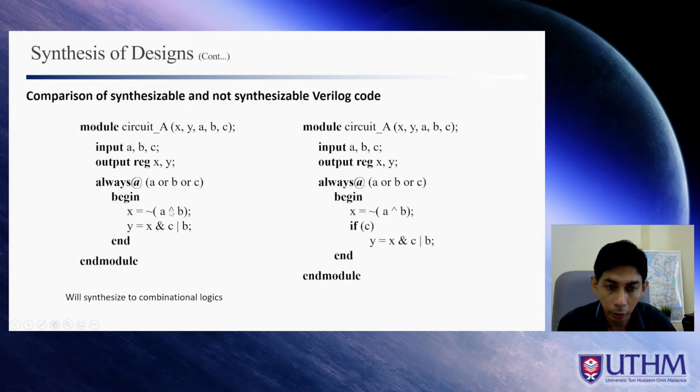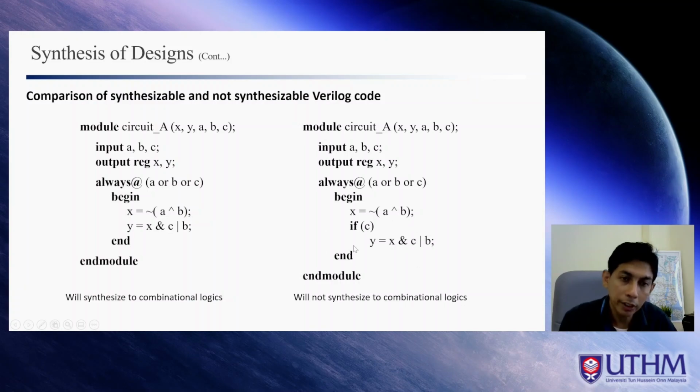All right, no problem. But when you look at the second one, you have the declaration, the always block, and an if statement. You have x equal to this, no problem. You have if c, y equal to this. The problem is that this one will not be synthesized into a combinational circuit because of this statement.